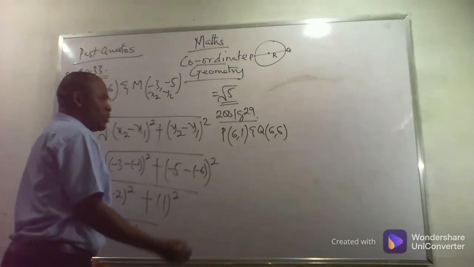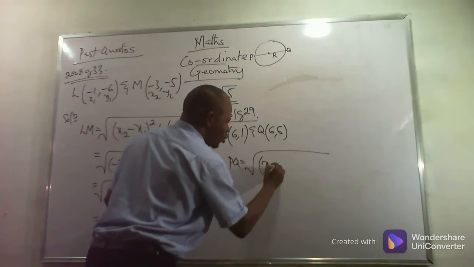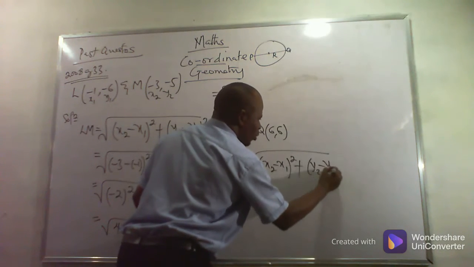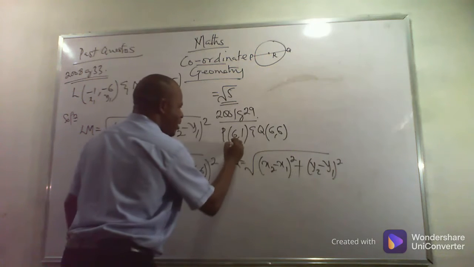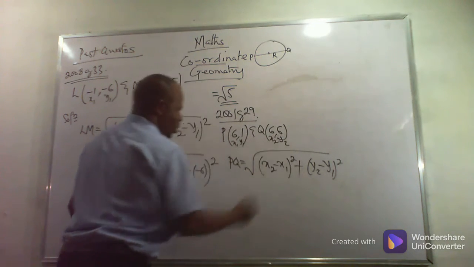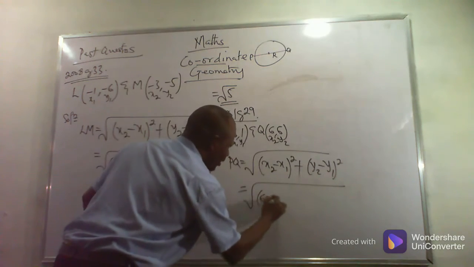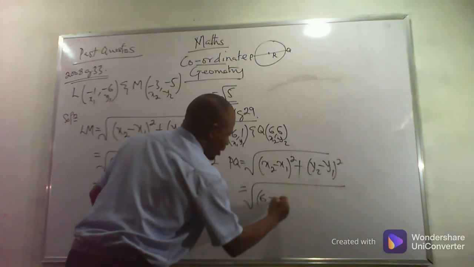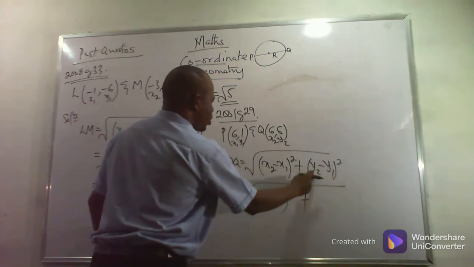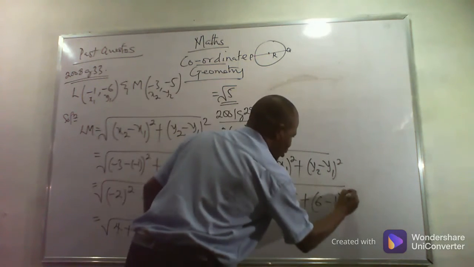And how do we do that? PQ equals square root of x2 minus x1 squared plus y2 minus y1 squared. So label the points x1, y1, x2, y2. So what do we have? Square root of x2, 6 minus 6 squared plus y2, 6 minus y1, 1 squared.